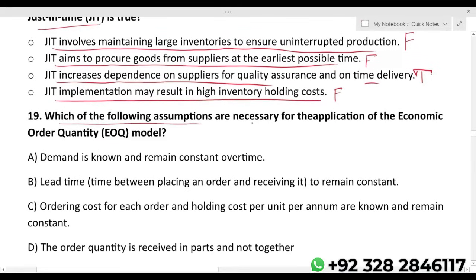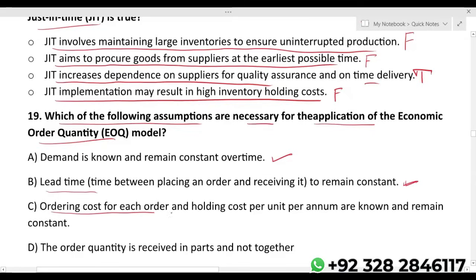Which of the following assumptions are necessary for the application of EOQ? Demand is known and remains constant. Yes, it is one of the assumptions of EOQ. Lead time remains constant. That is also one of the assumptions of EOQ.